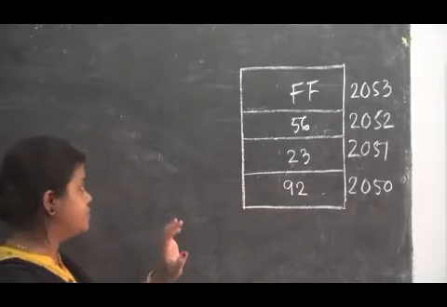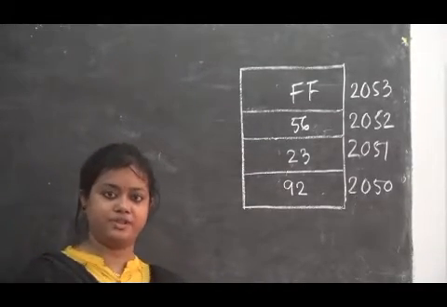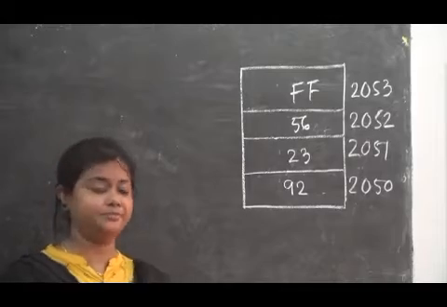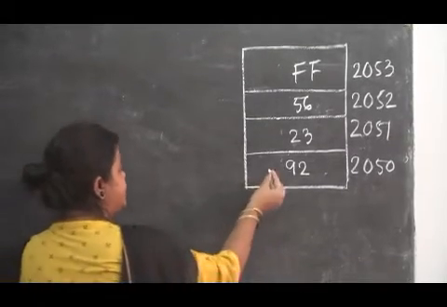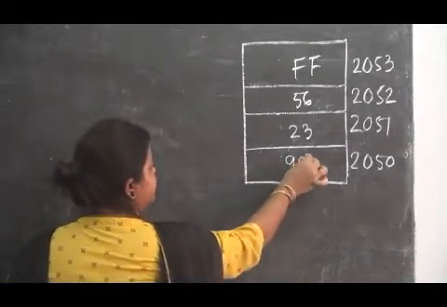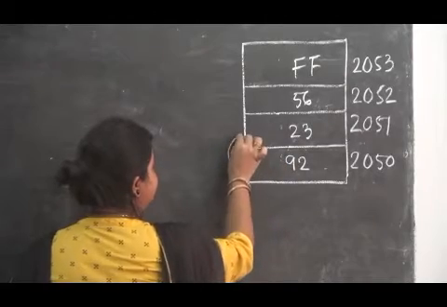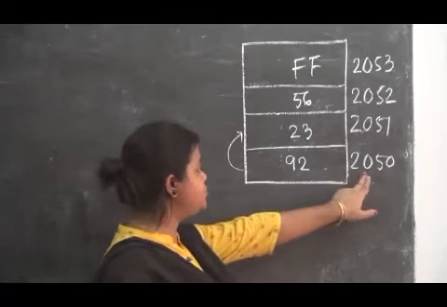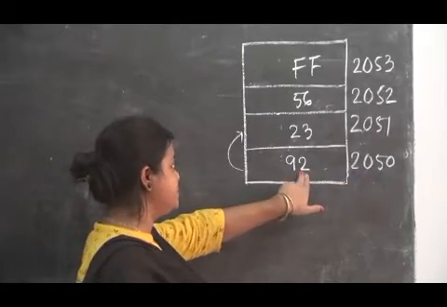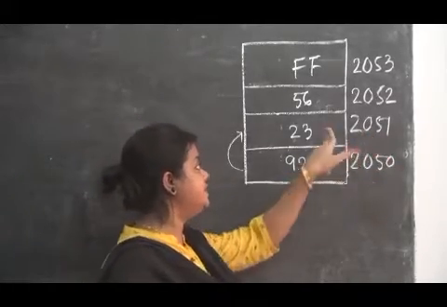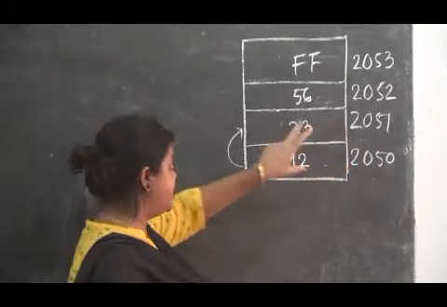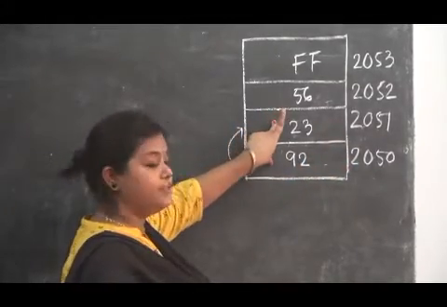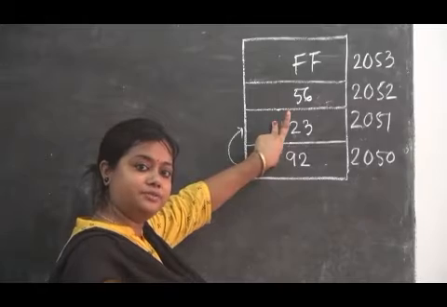So I am explaining the procedure first, then I will come to the programming. At first, 92 will be compared with 23. The first location is 2050 and the data is 92. The next location is 2051 and the data is 23. The comparison will happen between 92 and 23.